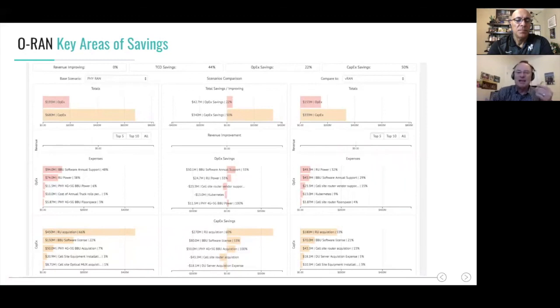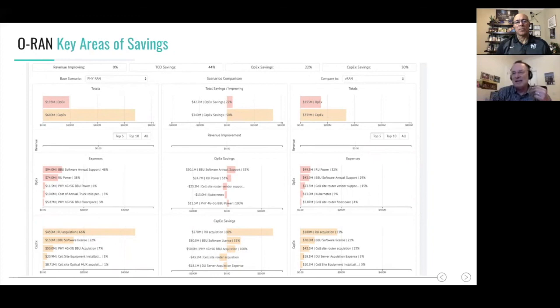On the podcast we can't really see it, but one of the problems we had is differences between scenarios. So I'm looking at, say, a virtual RAN versus a physical RAN, or maybe a CUPS architecture versus a centralized architecture. What are the differences in CapEx and OpEx, and how do those differences break down between the different expenses?